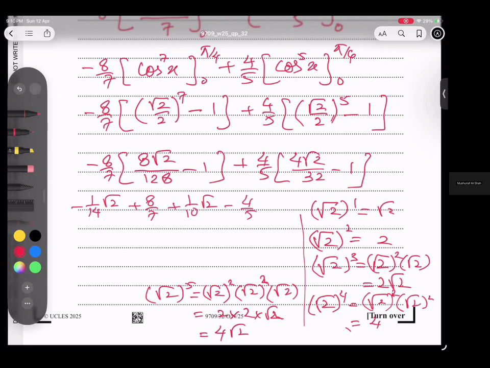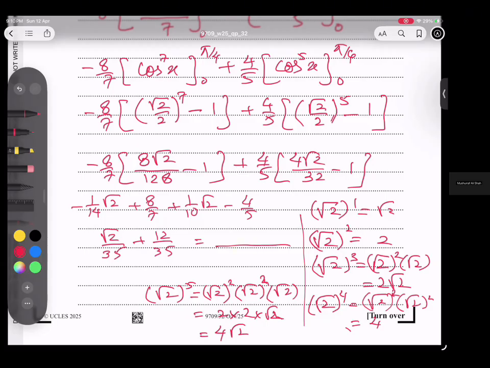Now, students, this number and this number, let me check: after typing in the calculator, do I get an exact answer or not? If we are getting it, then okay. Yes, we are getting it. It turns out to be root 2 over 35. And the other two values, 8 by 7 and minus 4 over 5, give plus 12 over 35.